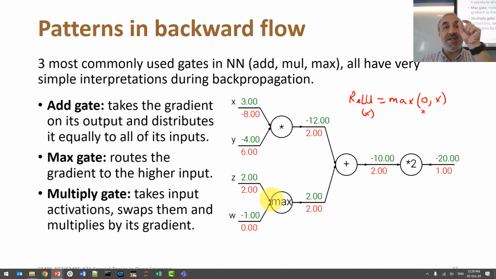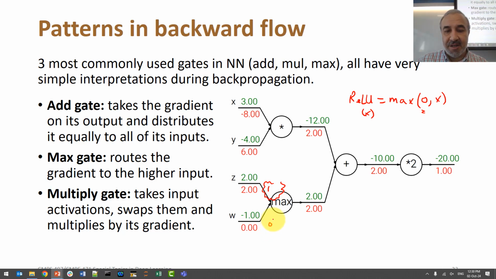The derivative with respect to the maximum value is 1, and the derivative with respect to the lower value is 0. So z is higher than w, so the local derivative with respect to z is 1, and the local derivative with respect to w is 0 in this case because it depends on the values.